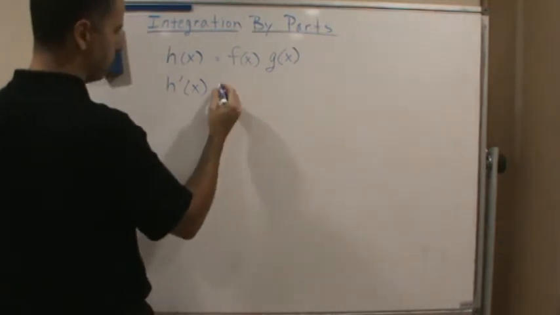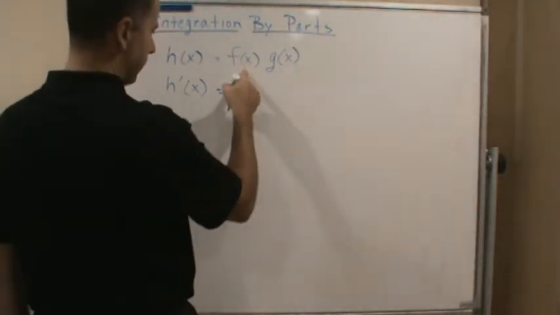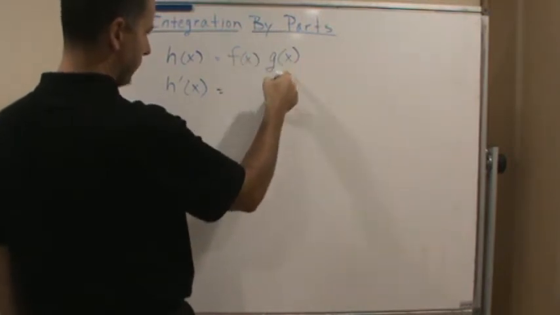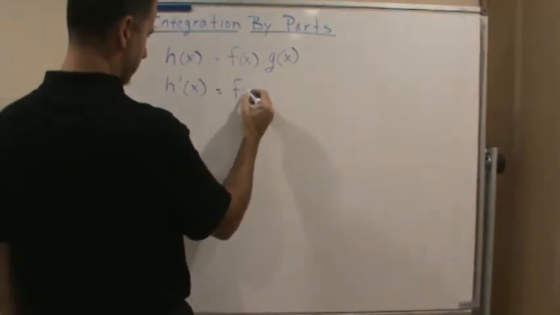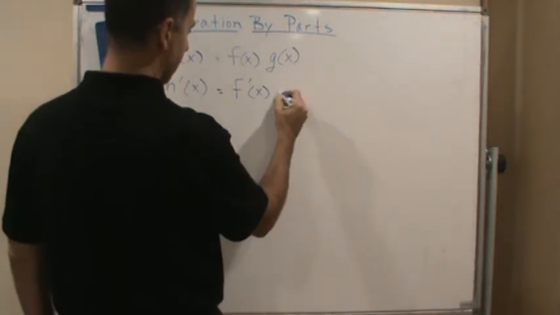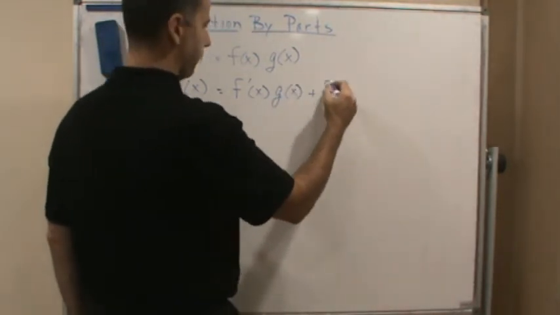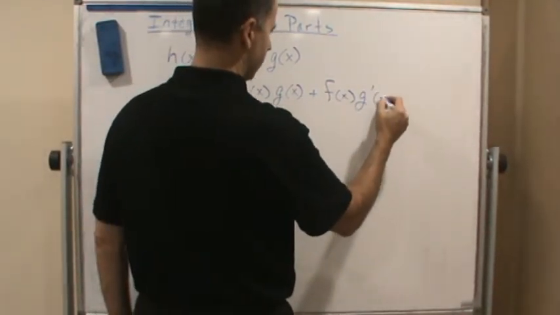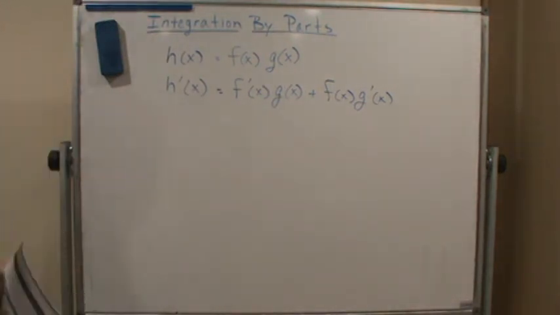We use the product rule for taking the derivative, right? So we take the derivative of the first times the second plus the first times the derivative of the second. So that would mean that we would have what? F prime of x times g of x plus f of x times g prime of x, right? So there's our product rule.